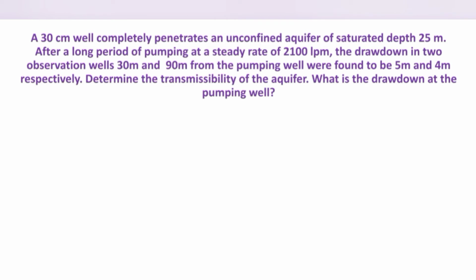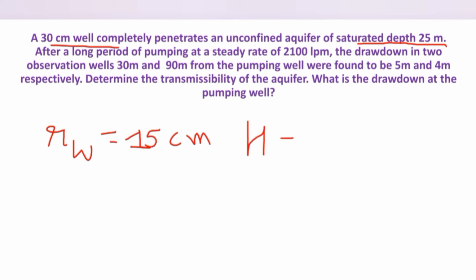First of all, let's write the data given to us. A 30 centimeter well. So the diameter of the well is 30 centimeter and the radius of the well will be 15 centimeter. It penetrates an unconfined aquifer of saturated depth 25 meter. So the thickness of the aquifer, which we denote as capital H, is given as 25 meter.